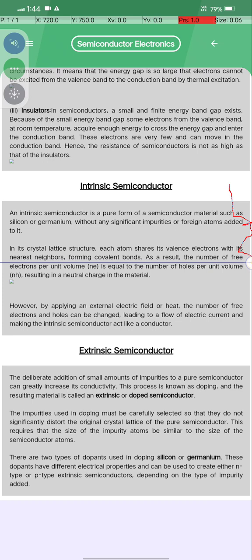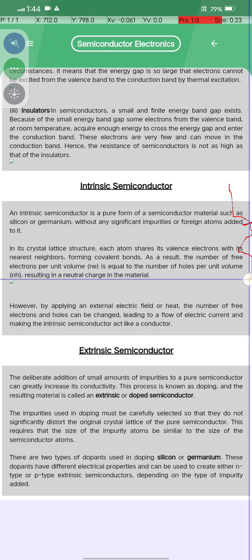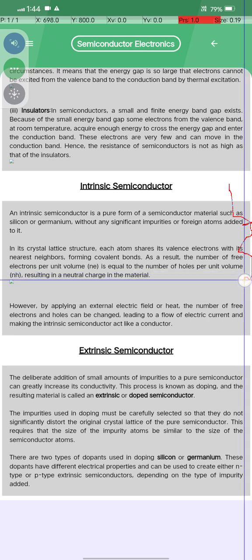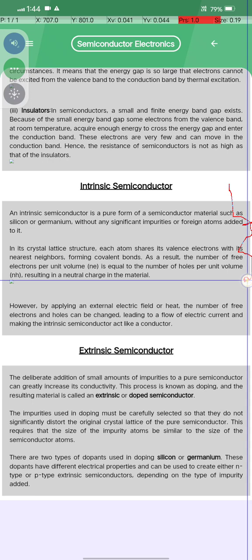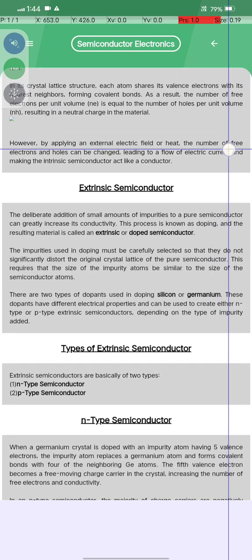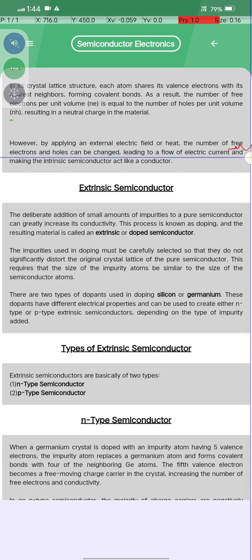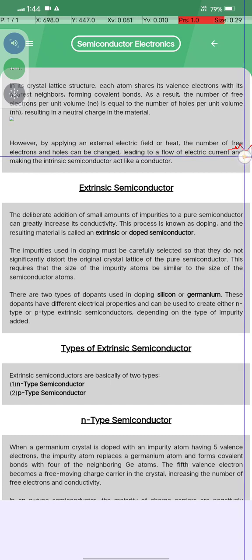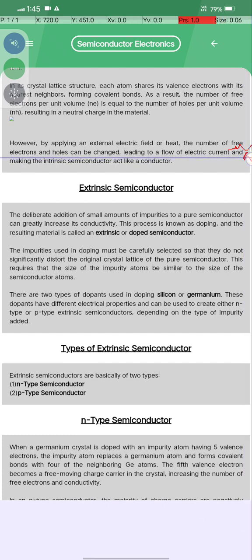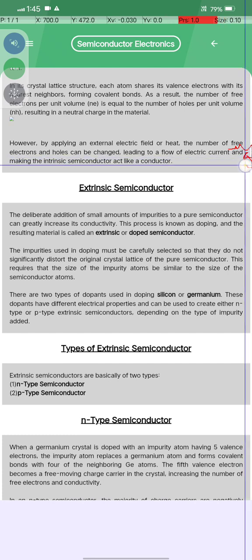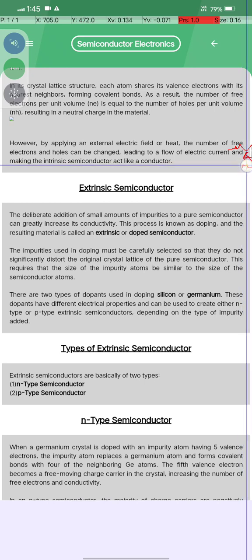As a result, the number of free electrons per unit volume is equal to the number of holes per unit volume, resulting in a neutral charge in the material. However, by applying an external electric field or heat, the number of free electrons and holes can be changed, leading to the flow of electron current and making the intrinsic semiconductor act like a conductor.